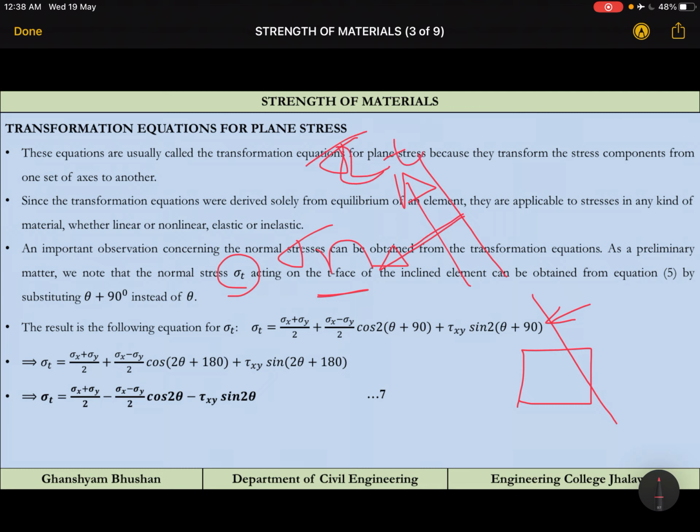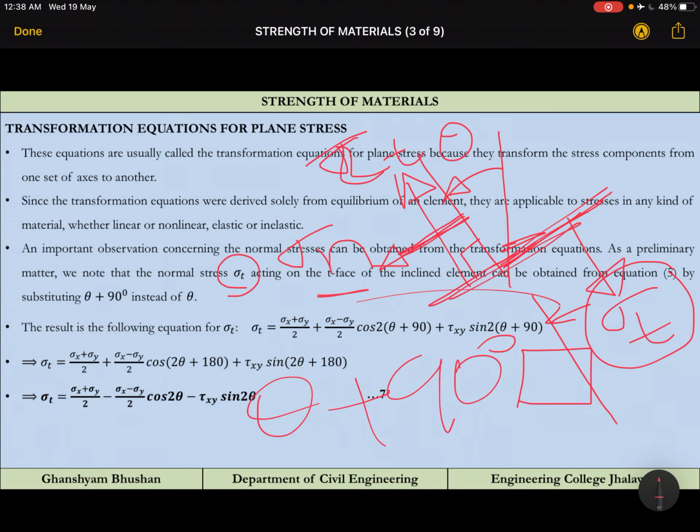So this is the plane stress on this element. What if a plane is along the t direction? The equation was formed for this theta, and this plane is at 90 degrees. So we will put theta plus 90 degrees in this equation and get the result.